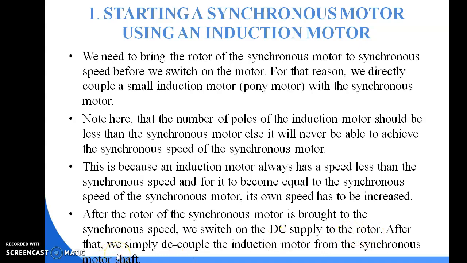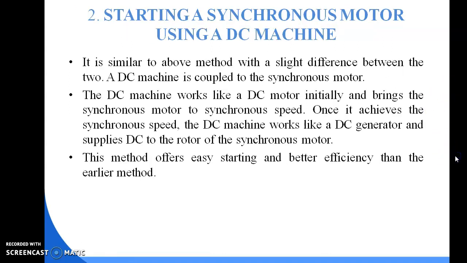After that, we simply decouple the induction motor from the motor shaft. So, for the starting purpose only, an extra small induction motor is used, and this induction motor is known as pony motor.